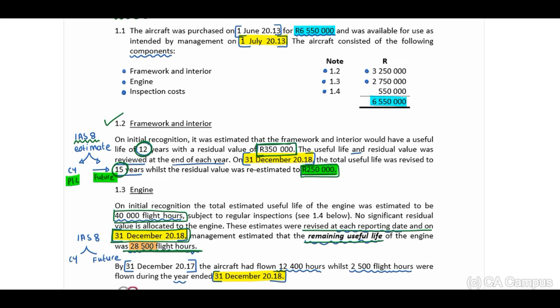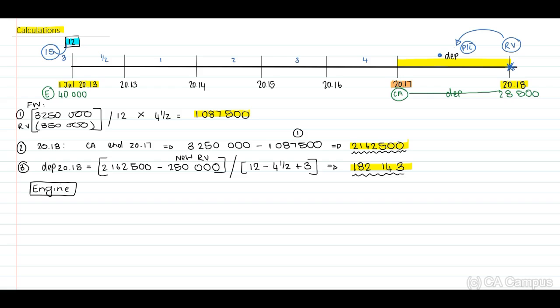When we look at the given information, they indicate to us that by 31 December 20.17, the aircraft had flown 12,400 hours, while 2,500 hours were flown during the current year. Therefore, in our current year, 2,500 hours were flown.